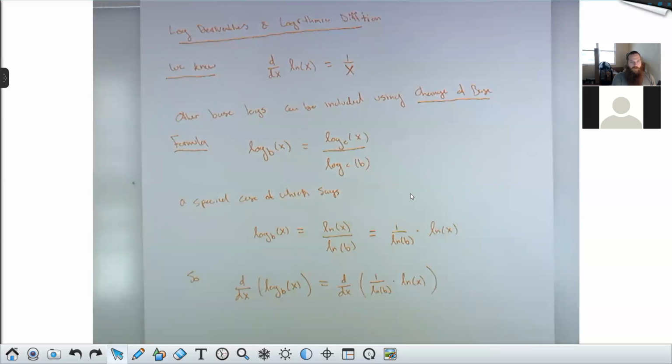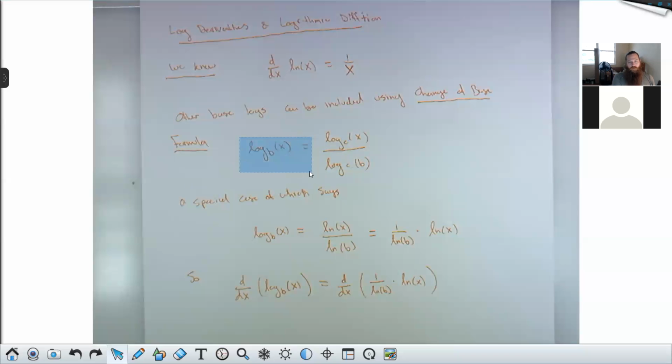So a special case of which says, here's the change of base formula in its full generality. If somebody gives you a base b log, you can rewrite it as a base c log where you get to choose the number c.